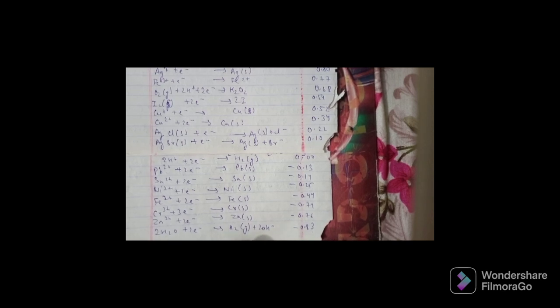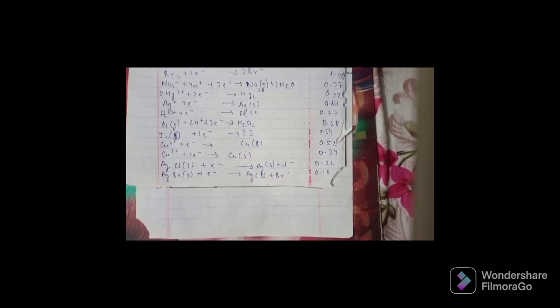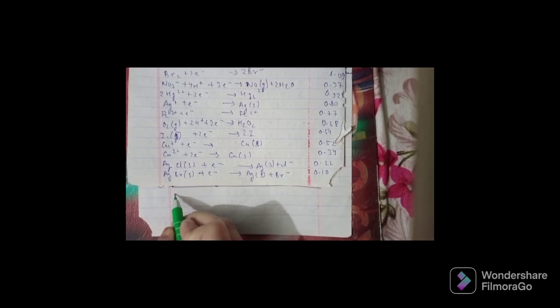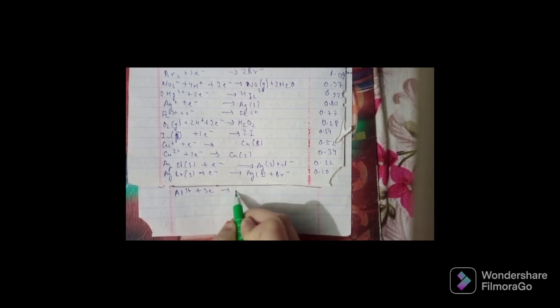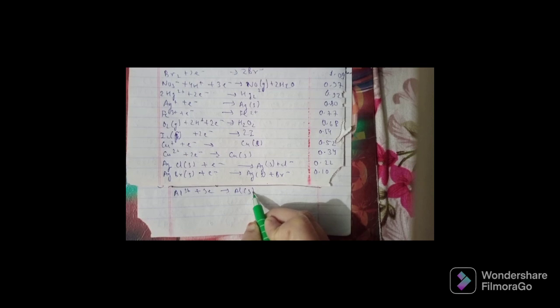Another we have here is Al3 plus 3e, which will give you Al in solid, and the tendency will be minus 1.66.